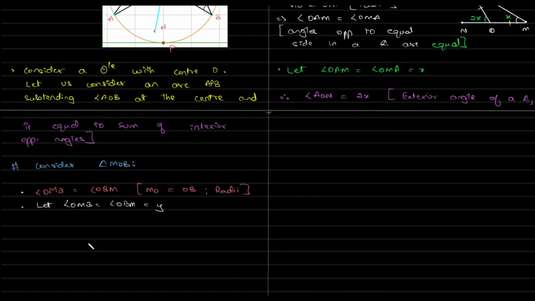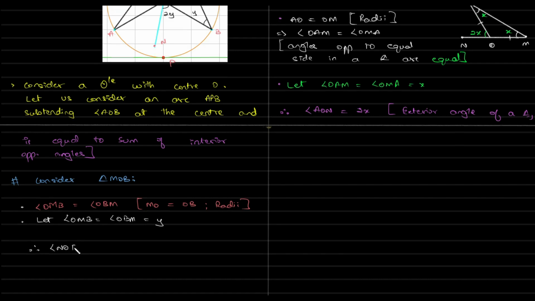So we'll call this as Y, and we'll tell therefore angle NOB is equal to 2Y. So exterior angle of triangle, and with this we can conclude at last.